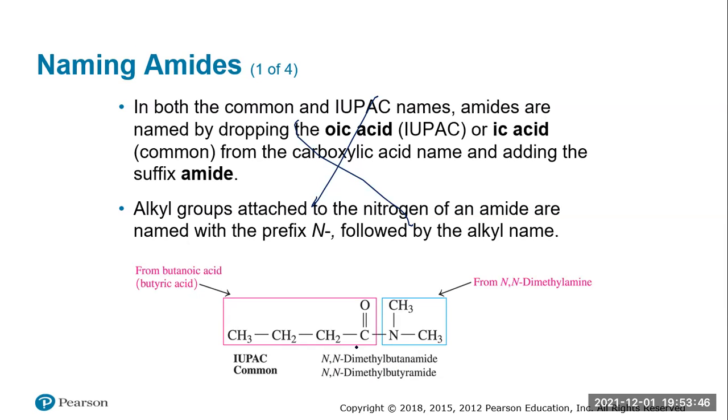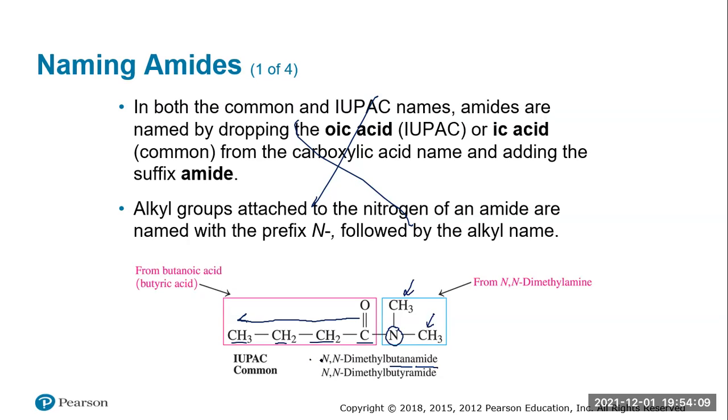So for example, going from the carboxylic acid side, there is 1, 2, 3, 4 carbons, which is based off of butane. Drop the E and put amide at the end of it, butanamide. And now connected to our nitrogen, methyl group and methyl group.